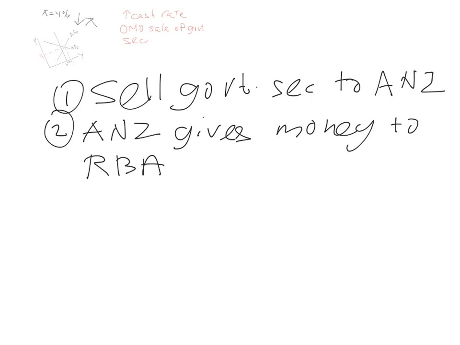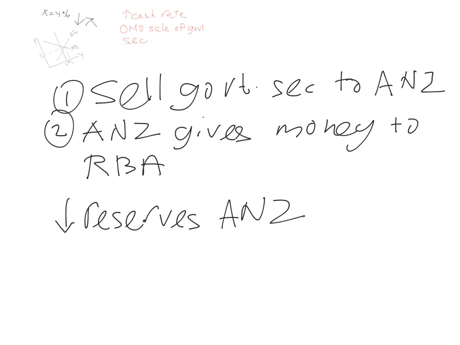Essentially what happens is ANZ has a bank account with the RBA, which will just take the money out of there. This will reduce the amount of reserves that the ANZ has. They have less money available. What does that look like?